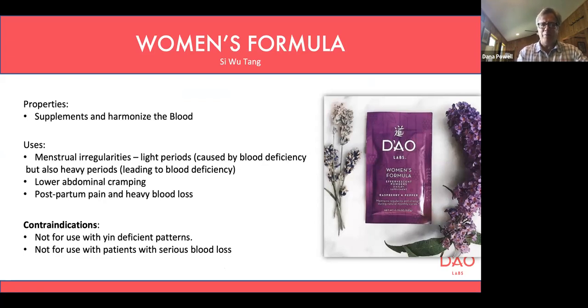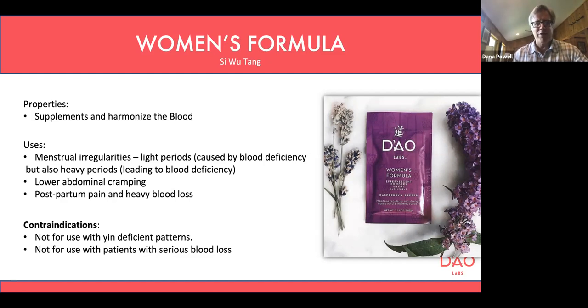It's used for various kinds of menstrual irregularities, light periods, for instance, caused by blood deficiency, but also heavy periods leading to blood deficiency. It may be very effective for lower abdominal cramping. It can be great for postpartum pain and heavy blood loss and just recovery in that postpartum period. So wonderful, extremely important in gynecology and just in supplementing blood in general.